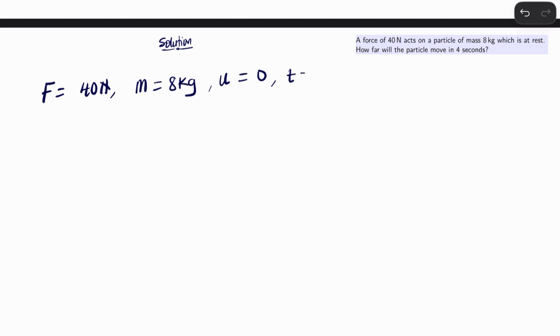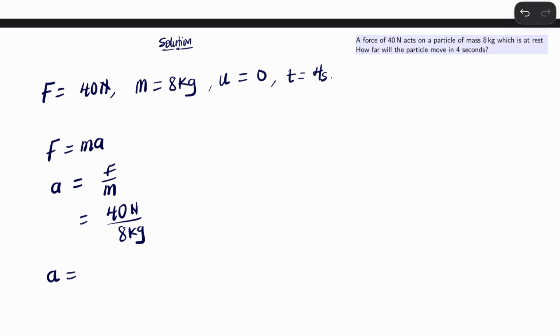And we have t giving us 4 seconds. So let's find the acceleration. So F is equal to ma, that's a is equal to F on M. So F is 40 newtons and M is 8 kg, right? Thus, the acceleration is giving us 5 meters per second squared.